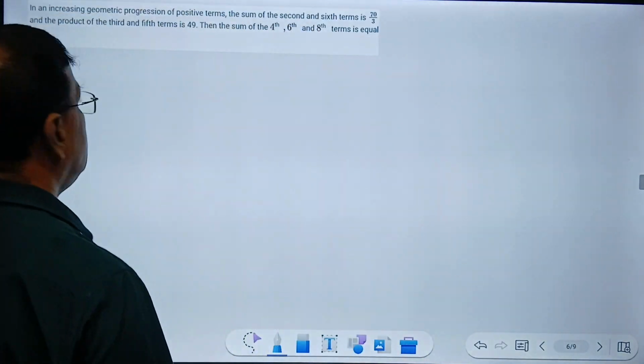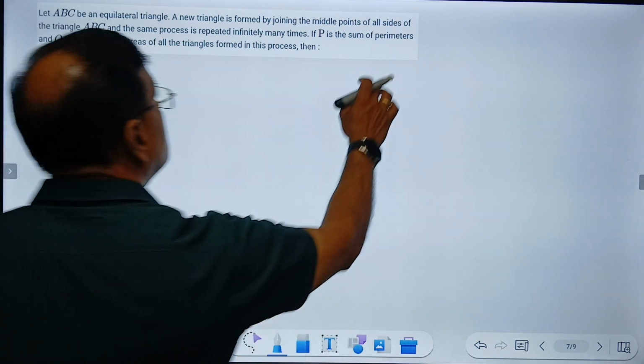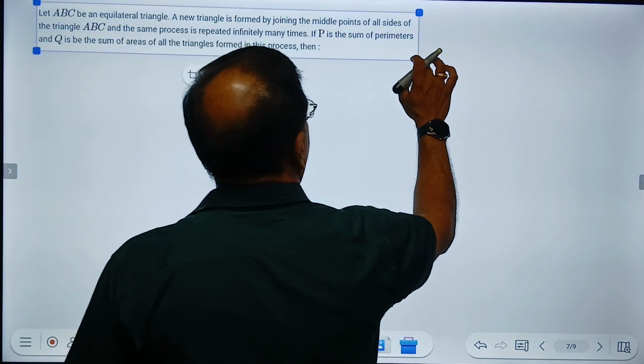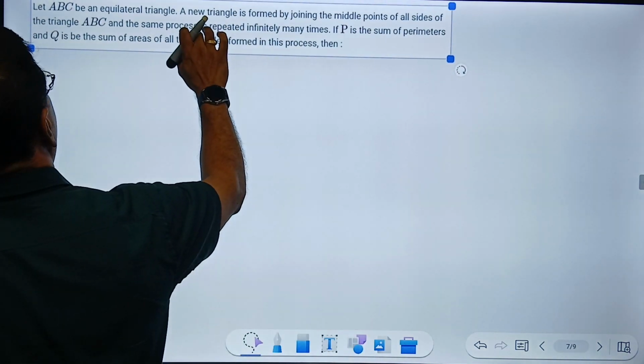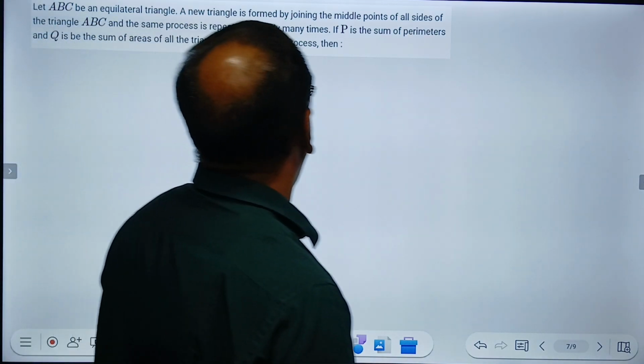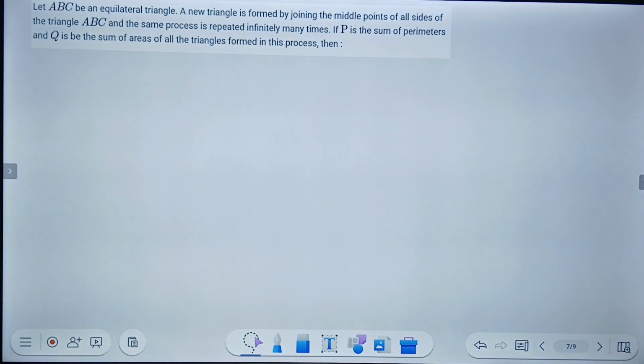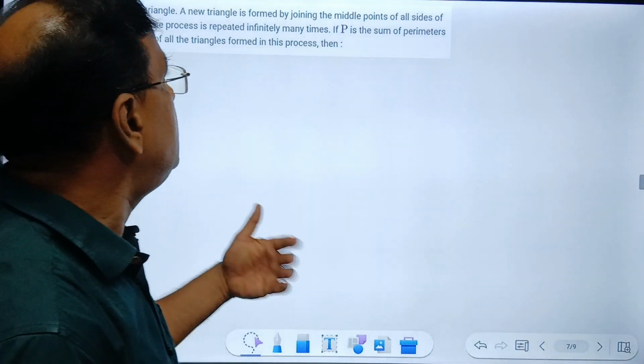This is a very, very nice problem. The next question, I like this problem. Let's see how it goes. Let me make it a little bigger. The question here is: ABC is an equilateral triangle. A new triangle is formed by joining the midpoints of all the sides of the triangle, and the same process is repeated infinitely many times.